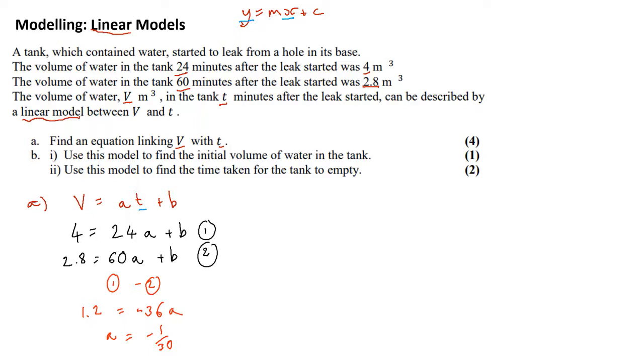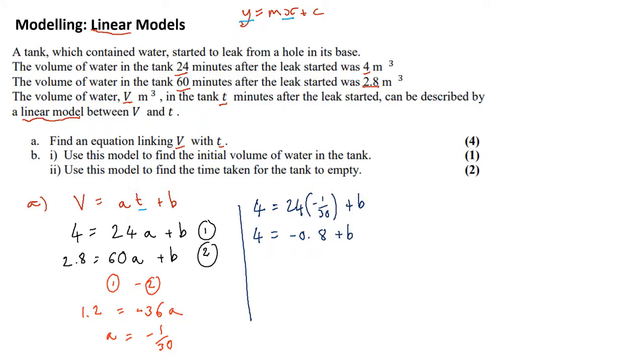We're now just going to solve to find what b would be. Let's substitute that into our first equation. So with equation 1, we can rewrite that as 4 equals 24 lots of minus 1 over 30, plus b. So then we get 4 equals minus 0.8 plus b.